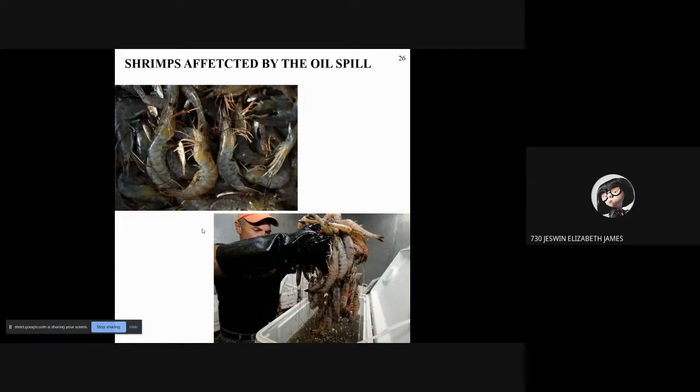And you can imagine just how much damage we have caused, because 130 liters of oil were gushing per second. So if oil was gushing at this rate, the damage we have created is very huge. And eventually all the shrimps have died.